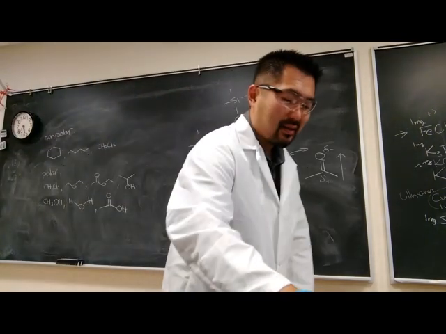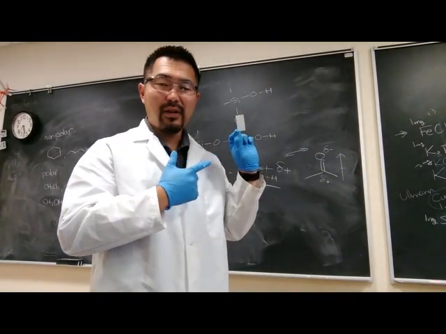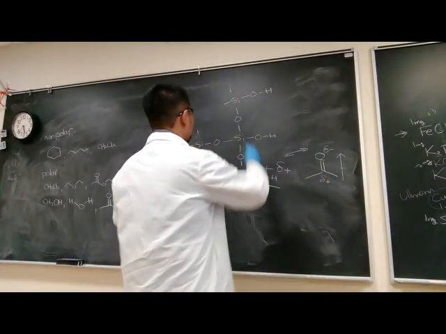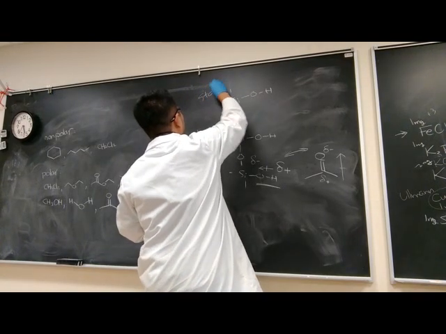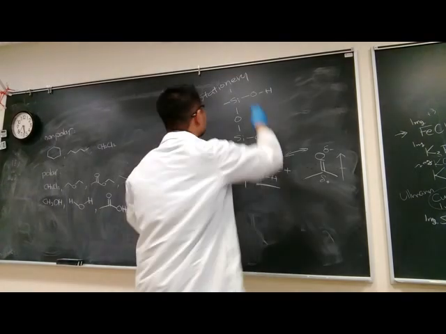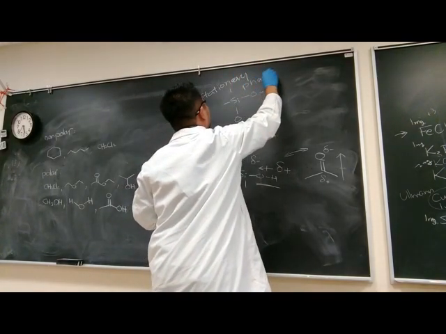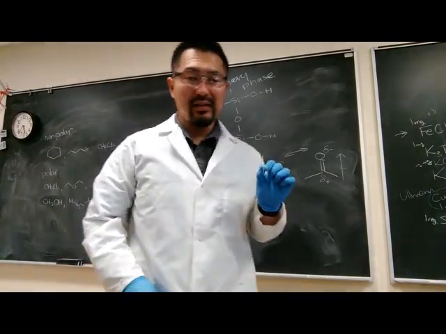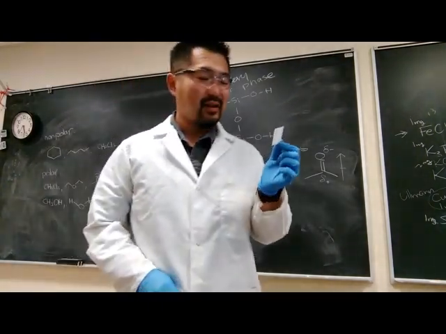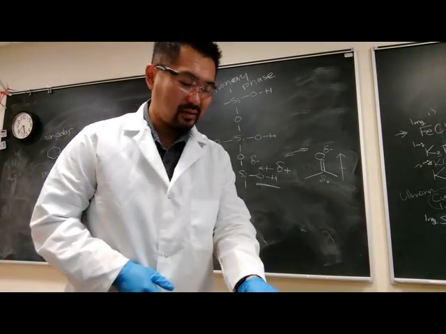Because the silica gel is fixed onto this plate, we call the silica gel the stationary phase. This is the stationary phase that we're using in the chromatography.